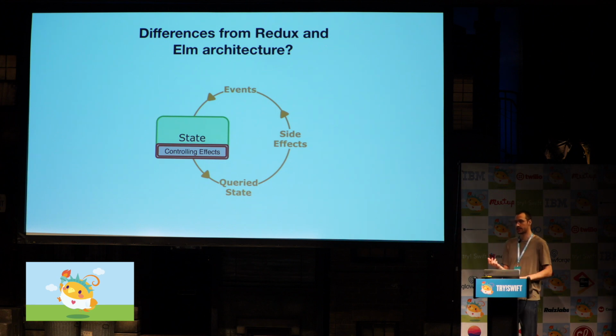So, for example, in Redux, you have some kind of middleware between view and state. But what if you don't have a view? It turns out that in some cases, we actually don't have any view. So that doesn't work for us. For side effects, what Elm does, I think, is have an additional return value from the reducer. So it's a bit different from both of those.